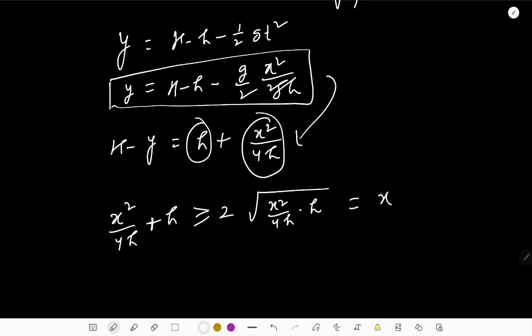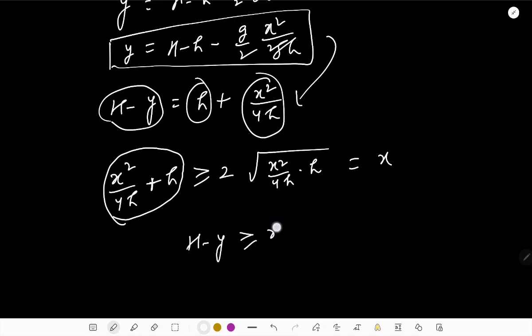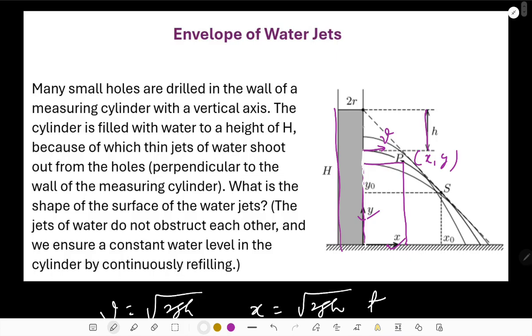This right hand side will simply come out as x, and I can get that x square by 4h plus h is h minus y. So I can write h minus y is greater than or equal to x. And if h minus y is equal to x, in that case h minus y is this length.